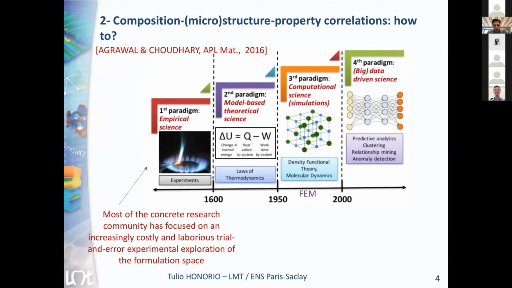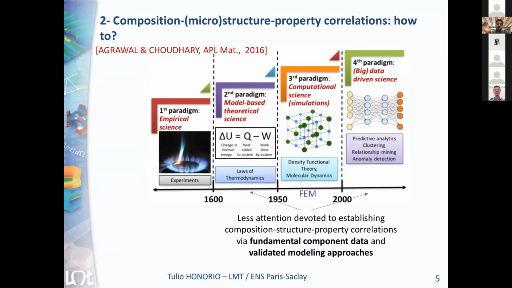You can also use this kind of strategy to establish composition-microstructure-property correlations. So what I propose in this presentation is to look at the second and fourth paradigms and try to combine both approaches as allies to establish composition-microstructure-property correlations for elastic properties.